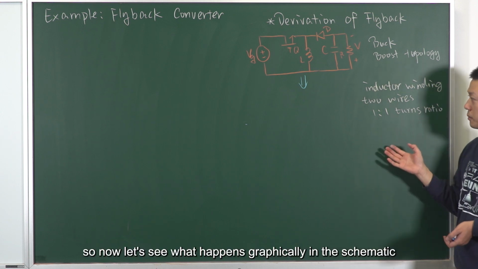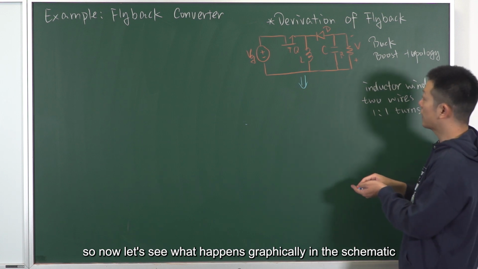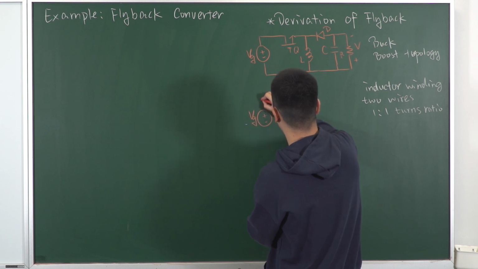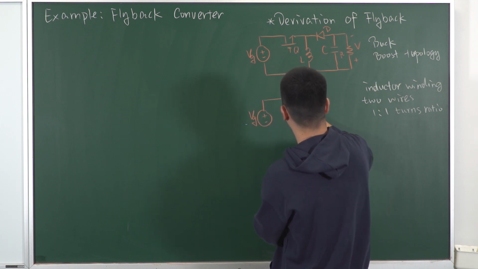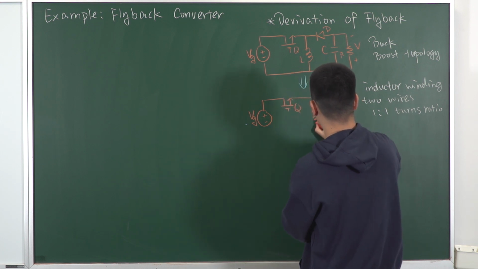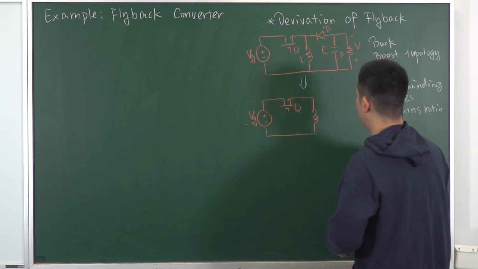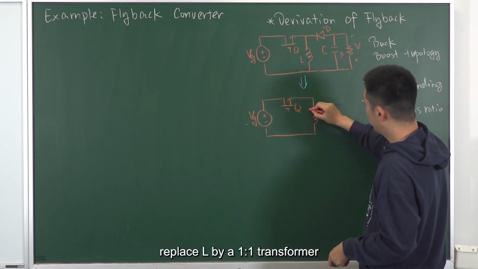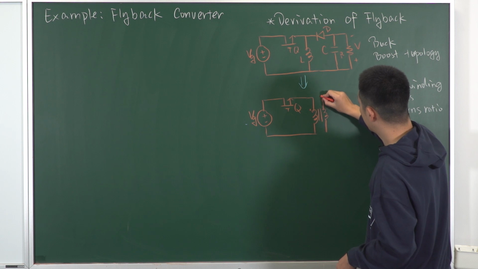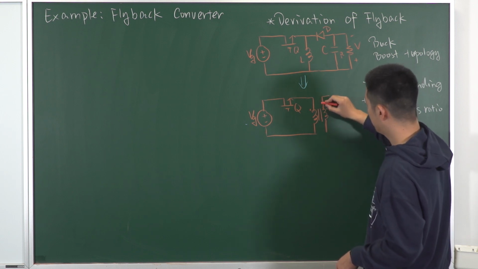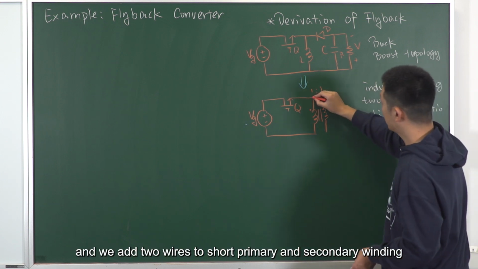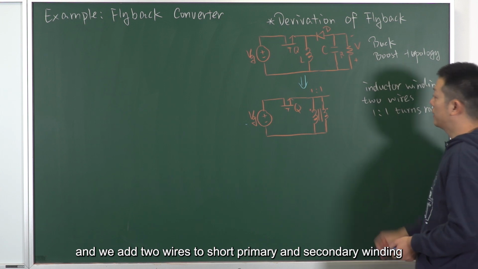Now let's see what happens graphically in the schematic. Input source, Q. Replace L by a 1-to-1 transformer, and we add 2 wires to short the primary and secondary windings.